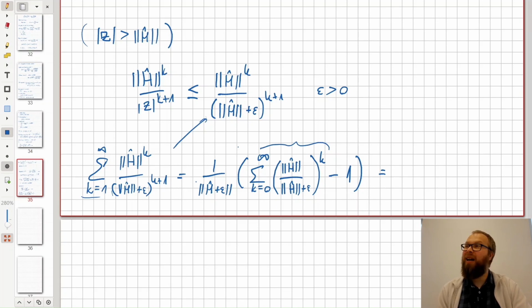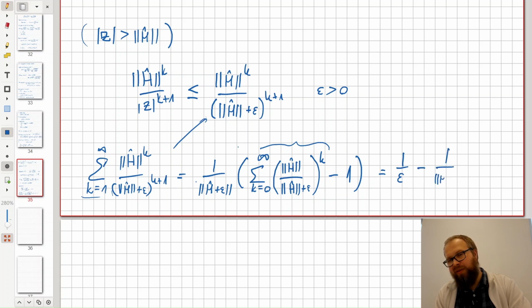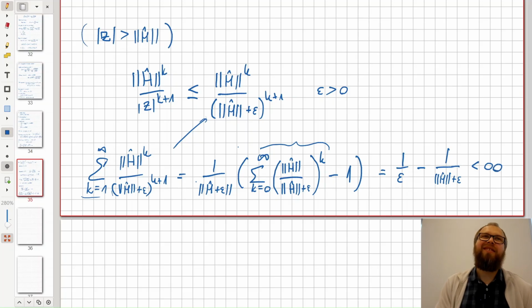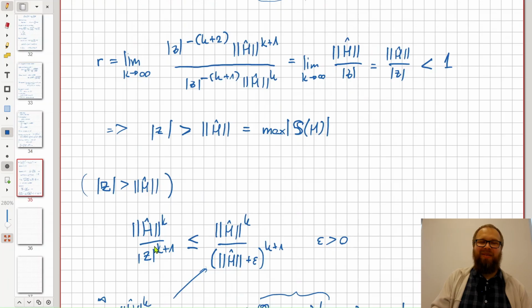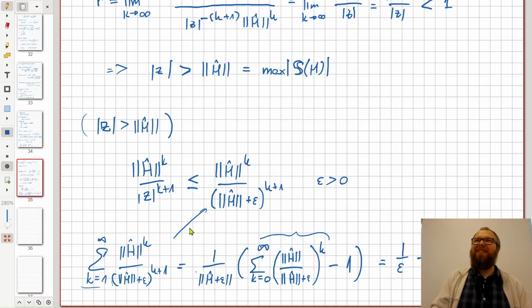So I can sum it up. There's a formula for it. And the result is 1 over epsilon minus 1 over norm of H plus epsilon, which is not infinity, okay? So this guy converges, and it bounds our bounding series, which depends on z.